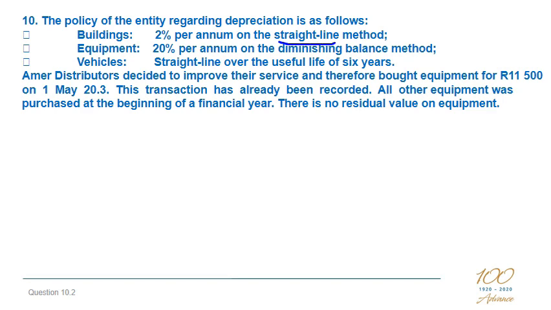Straight line is cost minus residual times the percentage times the amount of months. Diminishing balance is cost minus accumulated depreciation times the percentage times the amount of months. And here they give us straight line without a percentage, but they give us the useful life of 6 years.